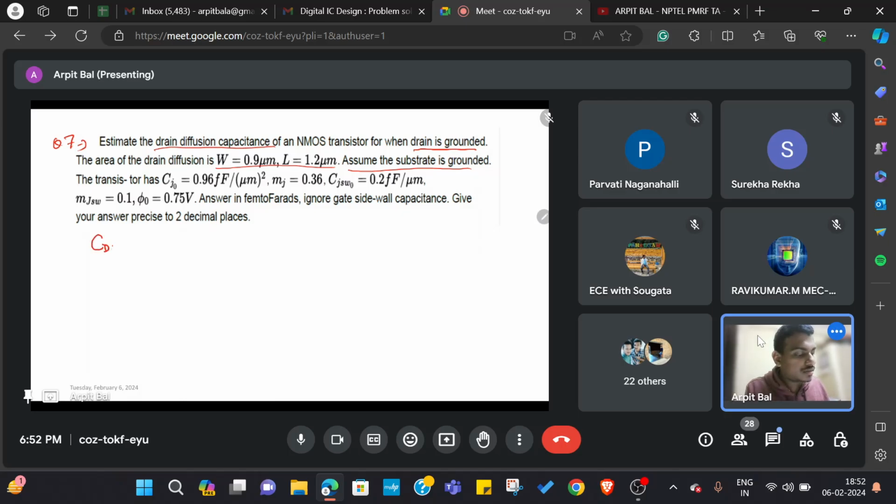So the drain diffusion capacitance is CdB equals C bottom plus C side wall.